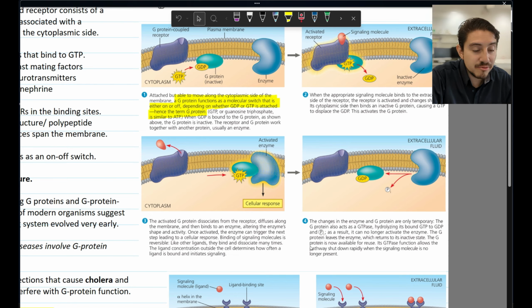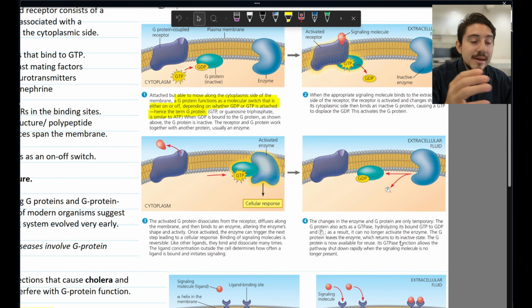Okay? Number 4, the changes in the enzyme and the G protein are only temporary. So the G protein also acts as a GTPase, hydrolyzing its bound GTP to GDP and an inorganic phosphate. As a result, it can no longer activate the enzyme. The G protein will then leave the enzyme, which returns to its inactive state.